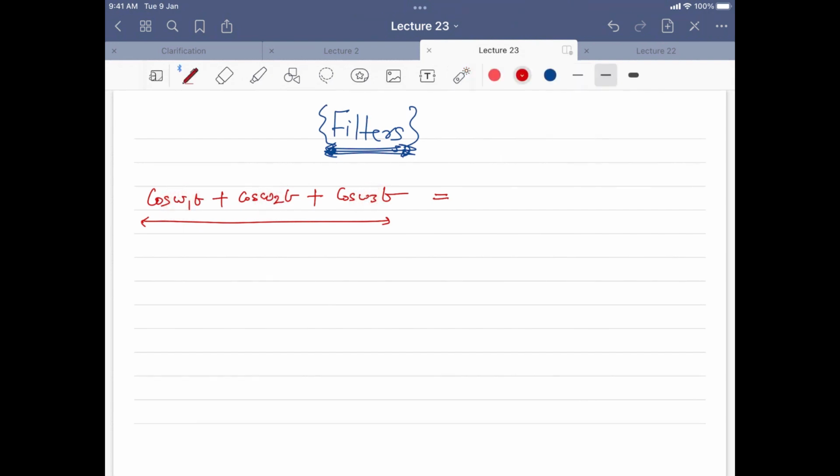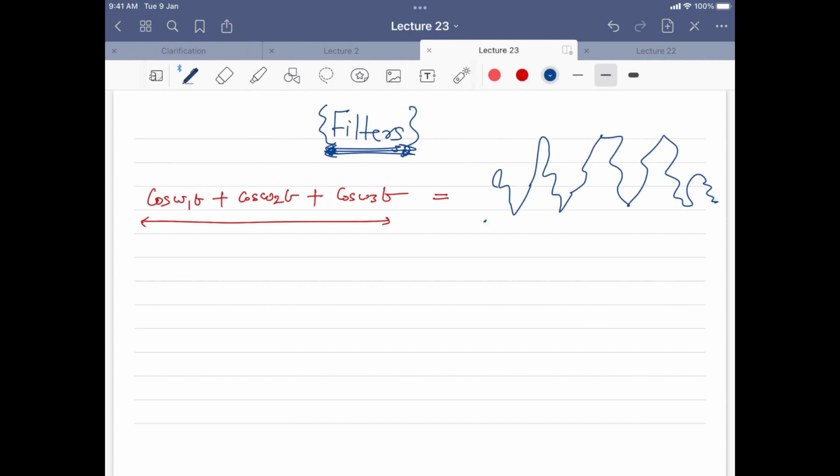So you cannot combine them into a single function. If you add these cosine functions together, you will get some waveform which looks something like this. I'm just giving you a random idea of what filters are and what we are trying to do here.